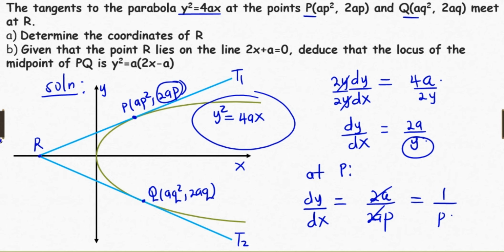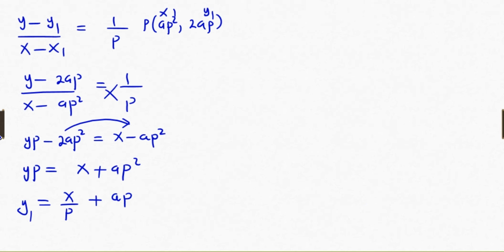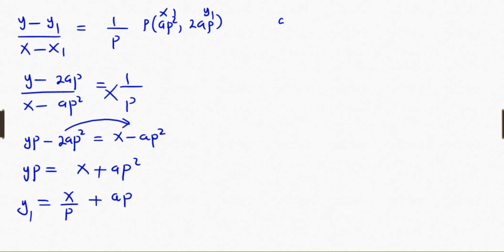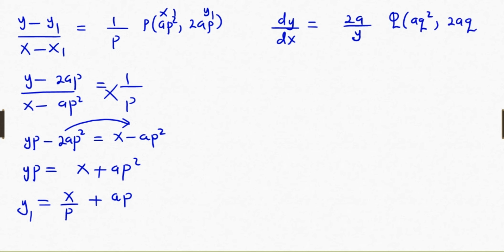Okay, so we want to get another equation of the tangent at point Q. So remember, our dy/dx is equal to 2a over y. But at point Q, we have (aq squared, 2aq).